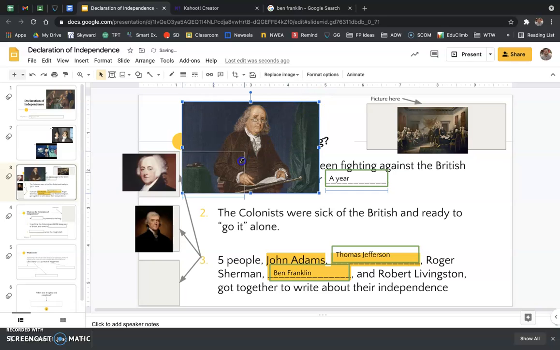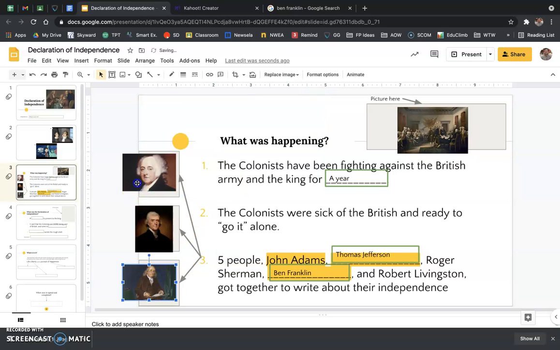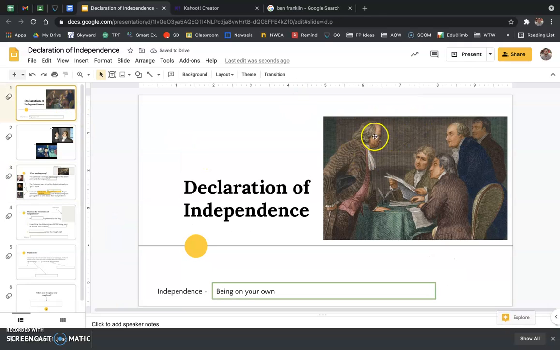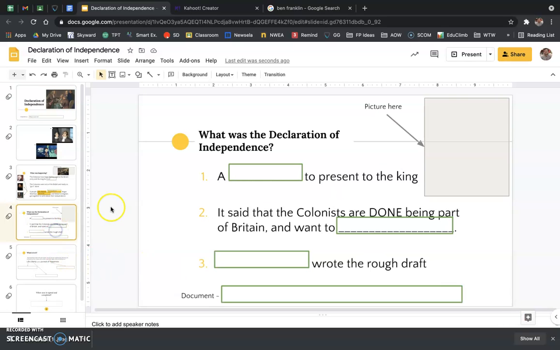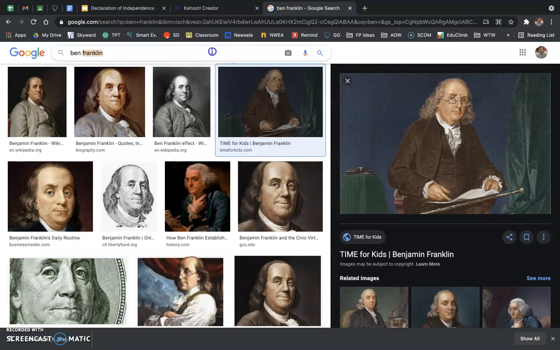Paste this picture here. So now we have John Adams, Thomas Jefferson, Ben Franklin. You'll notice that Ben Franklin is right here. Here's John Adams. Here's Thomas Jefferson. And those other 2 gentlemen here. So what was the Declaration of Independence? A picture here of the actual Declaration of Independence itself.